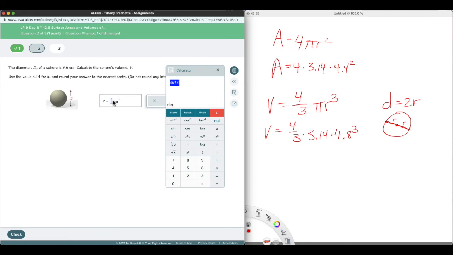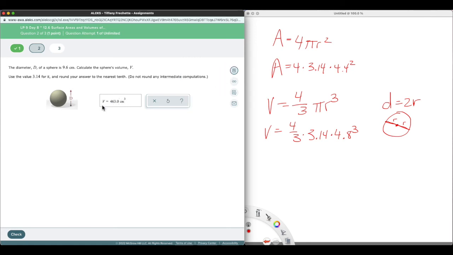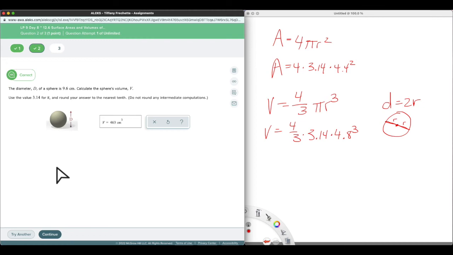So basically it's Alex's way of seeing that you've acknowledged this rounding to the nearest tenth. If I try to do this without the 0, normally it warns me, but it's not warning me now. I guess that depends on the problem. A lot of the time I've seen it warn me and say, don't forget to round to the nearest tenth if I leave off that 0.0. So interesting, it didn't do it this time.